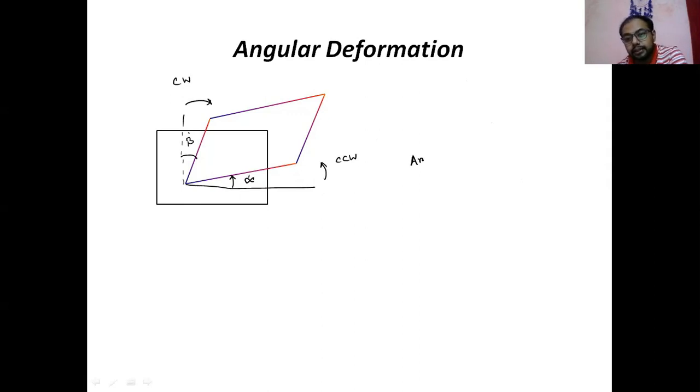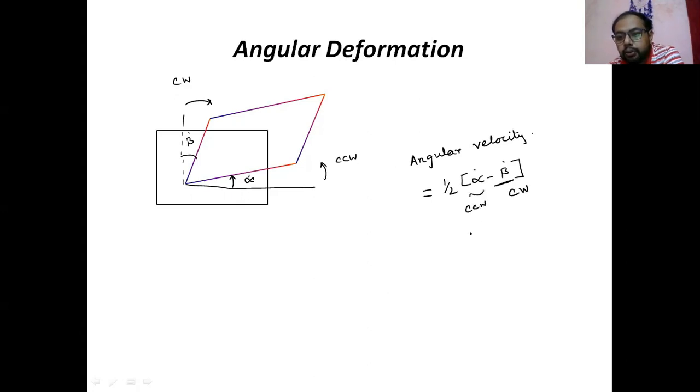The angular velocity in these two-dimensional cases is the mean of alpha dot minus beta dot. Why is the negative term for beta coming? Because it is clockwise. We take counterclockwise as positive and clockwise as negative.